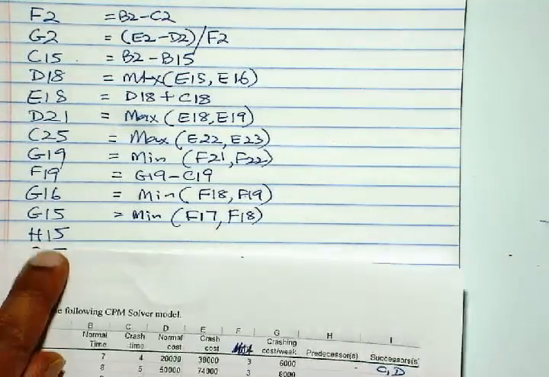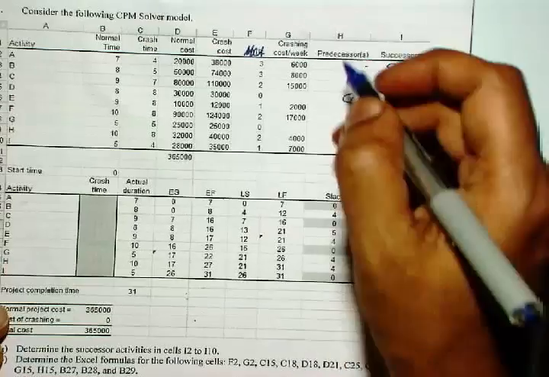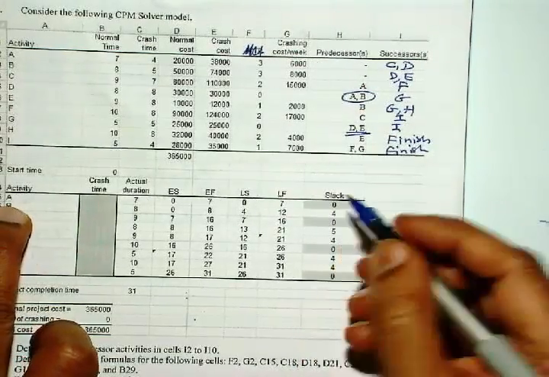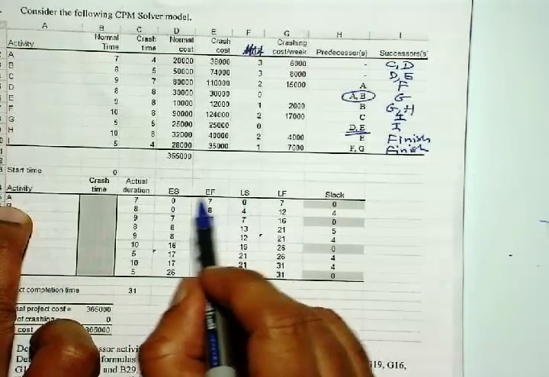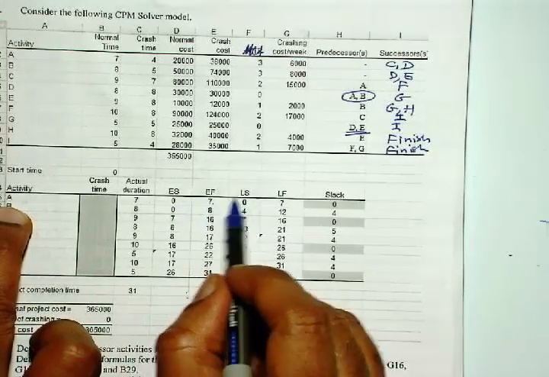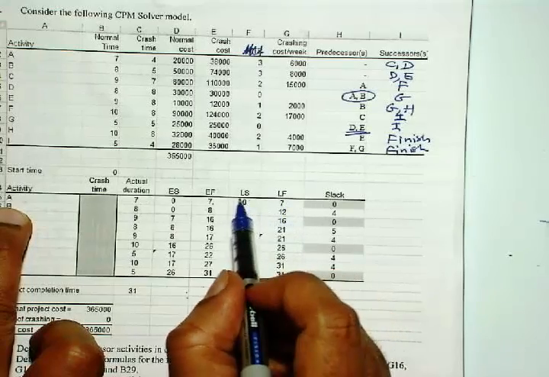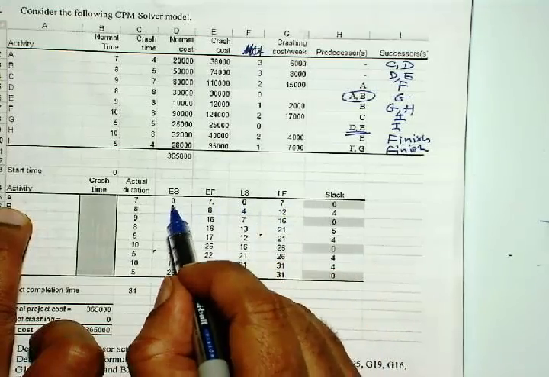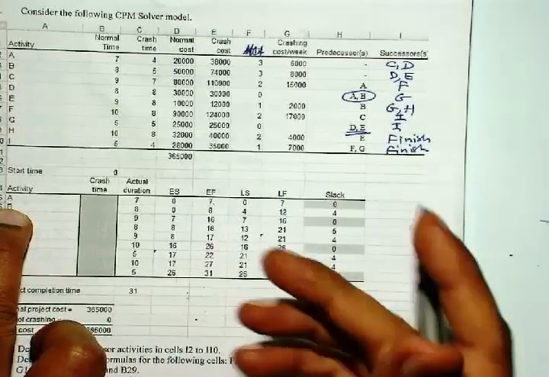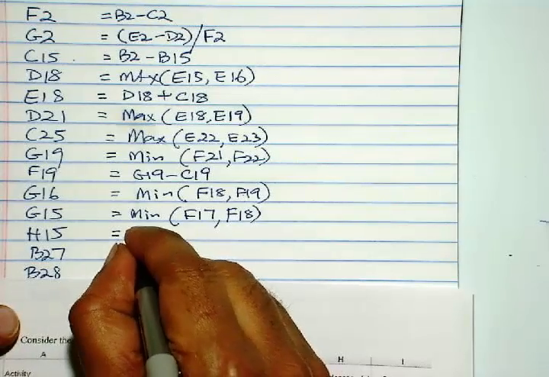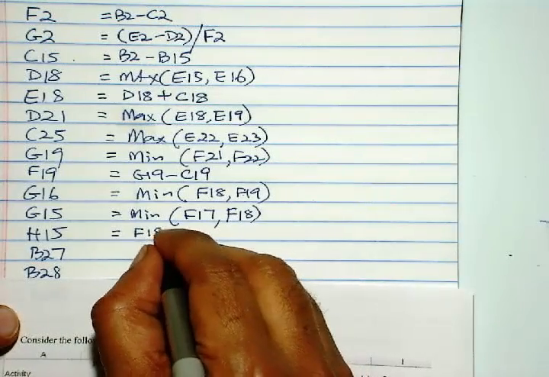Next is H15. So H15, that's the slack. So slack is the difference between the two start times or the two finish times. So you can go F15 minus D15 or G15 minus E15. Both will be correct.